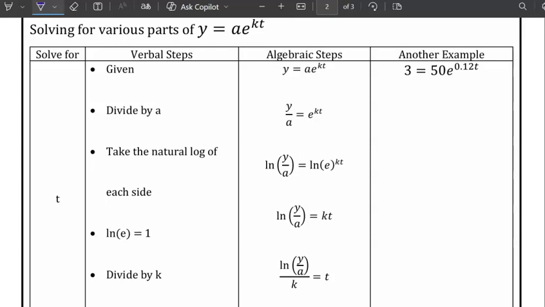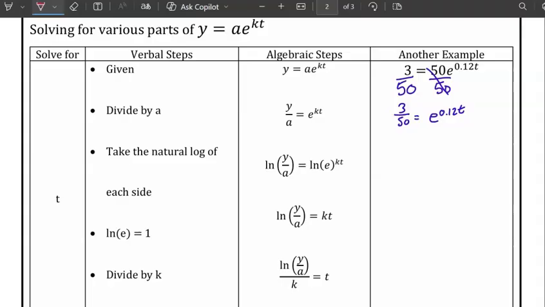So on our numerical example, 3 equals 50 e to the 0.12 t, we're going to divide by 50 on each side of the equation. And then we have 3 over 50 equals e to the 0.12 t power.